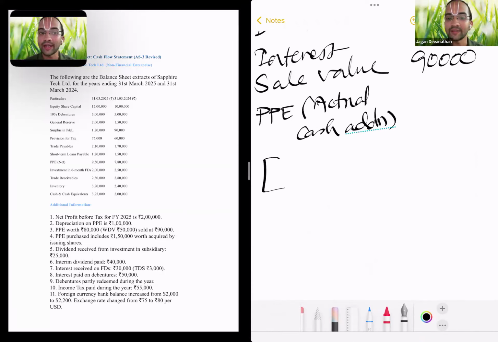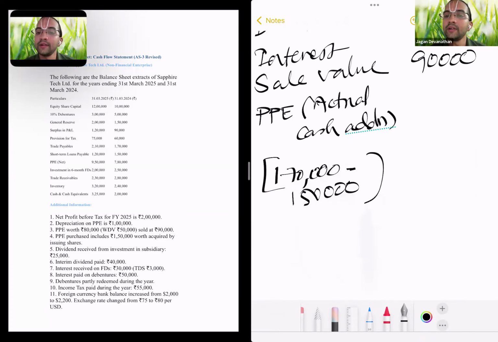It is 1,70,000. We made the working note for the same. Minus the asset acquired through non-cash means, which is 1,50,000. So that will be 20,000 of outflow.